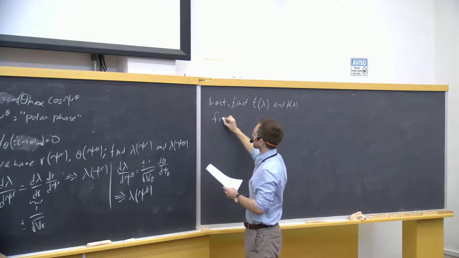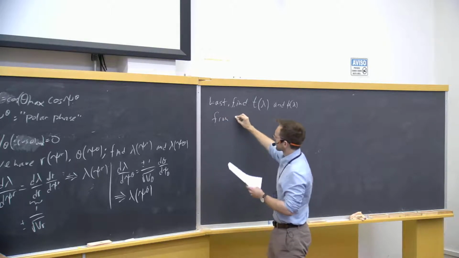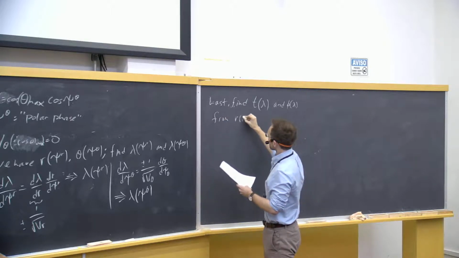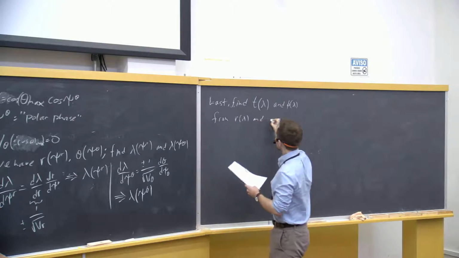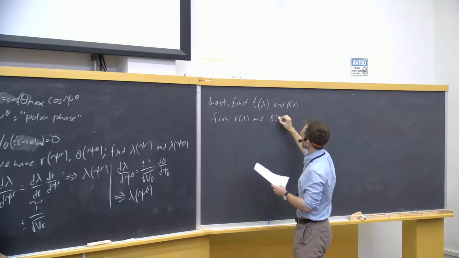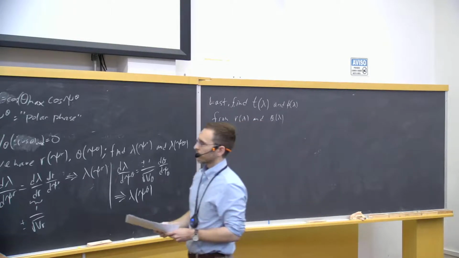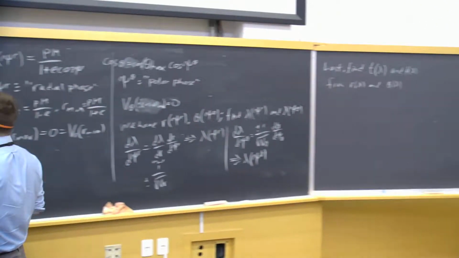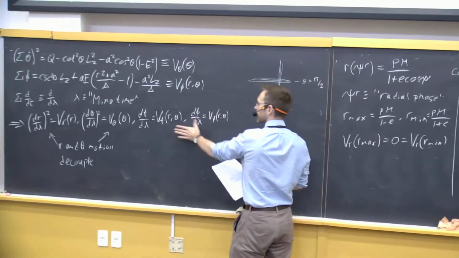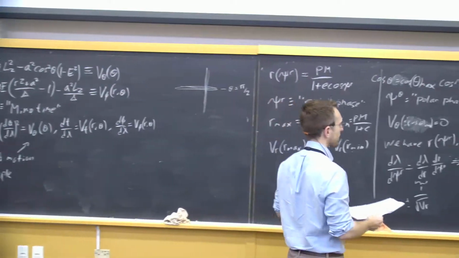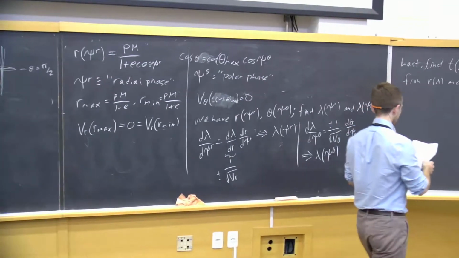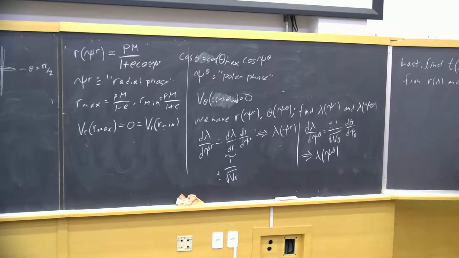And you just find that from r of lambda and theta of lambda using the equations above. So this gives us a complete description of the orbital motion.